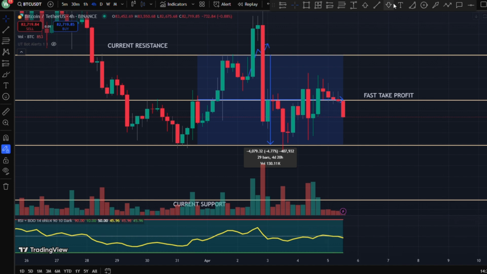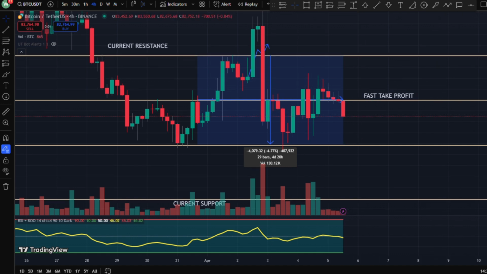Okay guys, can you actually see the reaction of the market? Look at the way the market is moving very fast on the 4 hours. In fact, the market is likely to come around the 81 line here. The market is likely to come to the 81,463 line here.